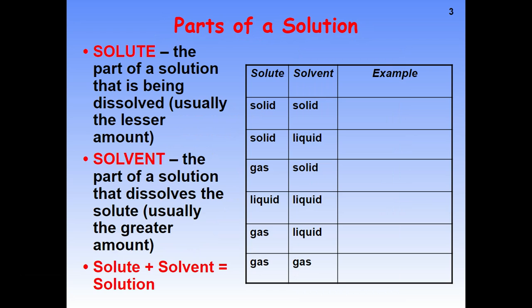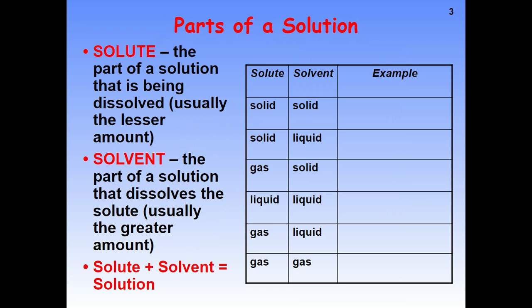So remember, our solute is the part of the solution being dissolved, and the solvent is what it is dissolving in. Okay? So the first one is an example, solid in a solid. A great example of this would be steel. So the solvent would be iron, and the solute would be carbon.